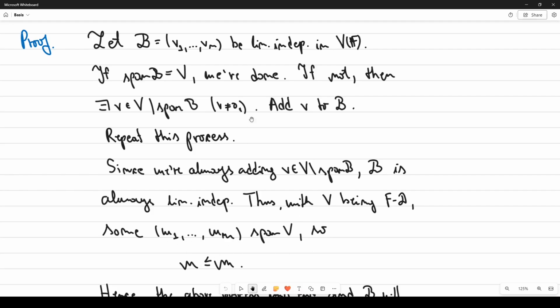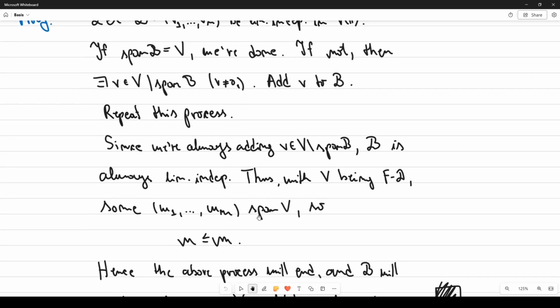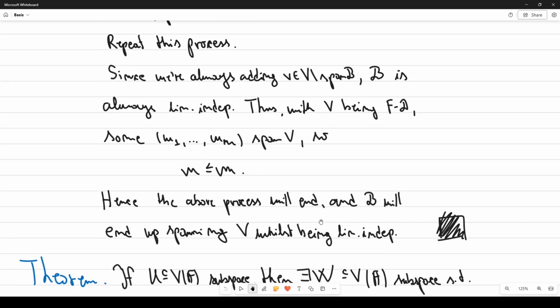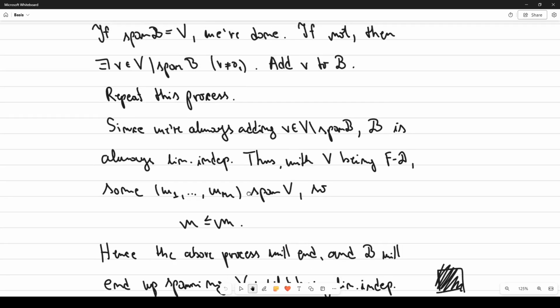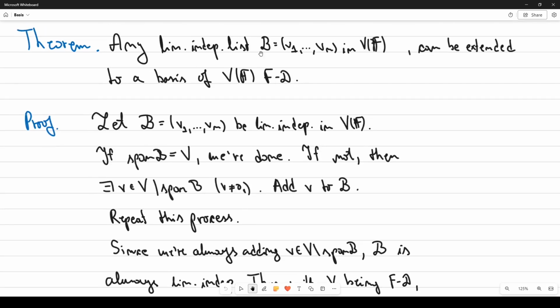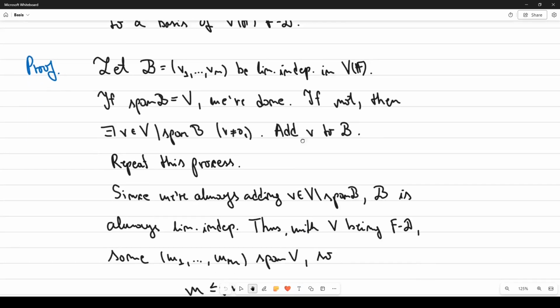So after a while, this process will terminate, and we will have gotten a B that is linearly independent and also spans V. So we will get a basis, thus showing that any linearly independent list of vectors can be extended to a basis of V.